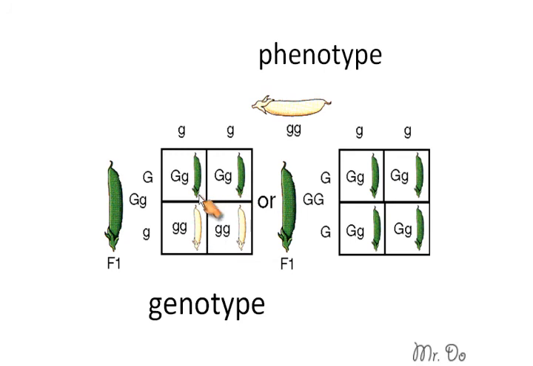So you have 2 that are heterozygous and they're phenotypically green. And you have 2 that are both recessive and they're both yellow. So there's a 50-50 chance of being normal versus being recessive if you have a parent that is heterozygous crossed with a recessive parent. We'll pick up more on that later.